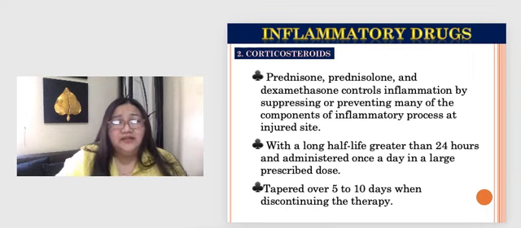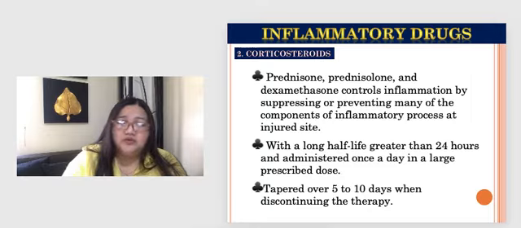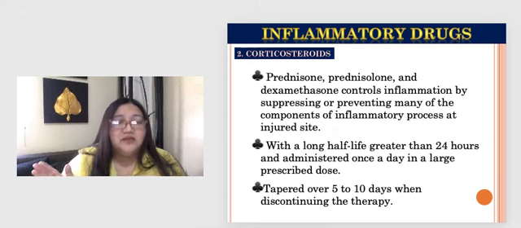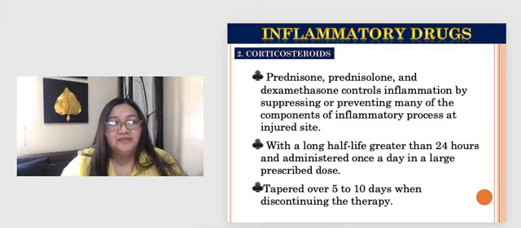Next group of anti-inflammatory drugs are the corticosteroids. Prednisone, prednisolone, and dexamethasone are common corticosteroids, pero marami pang ibang steroids. Alright? They control inflammation by suppressing or preventing the components of the inflammatory process at the injured site. Mahaba yung half-life niya, greater than 24 hours, and administered once a day in a large prescribed dose.